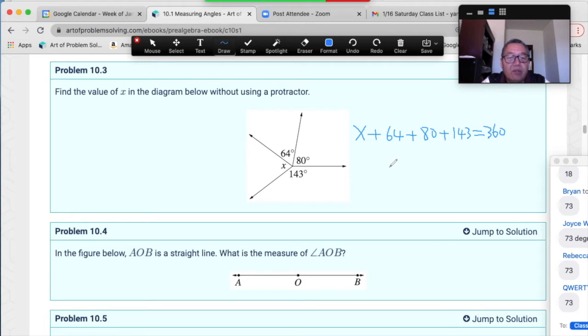So now if we add these two together, we get 144. Then we add this together, we got 287. Then we do 360 minus 287, that's 73.